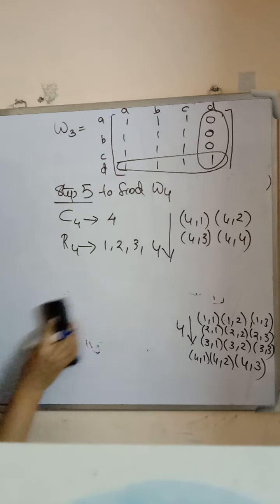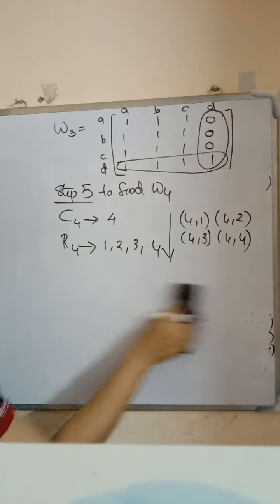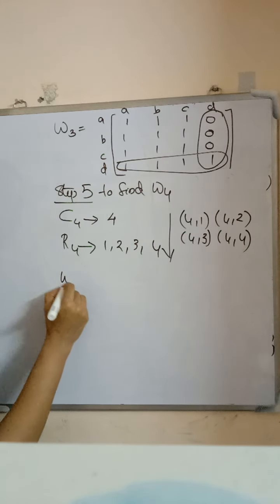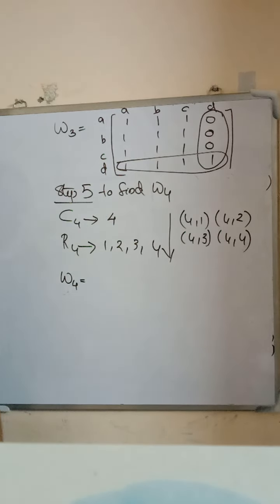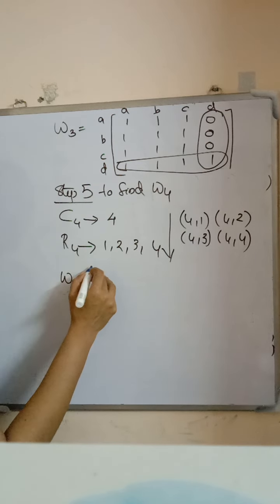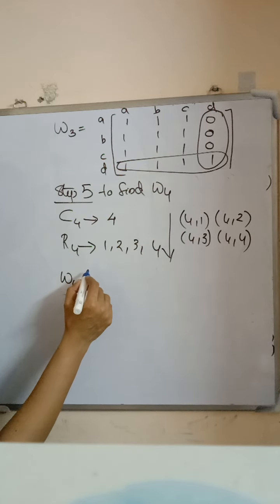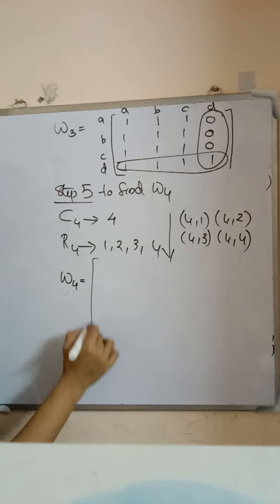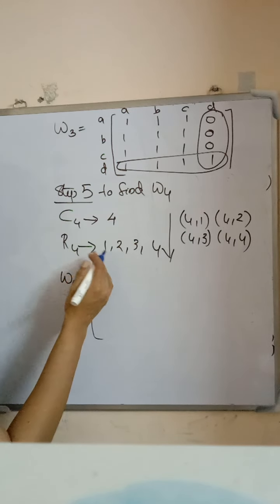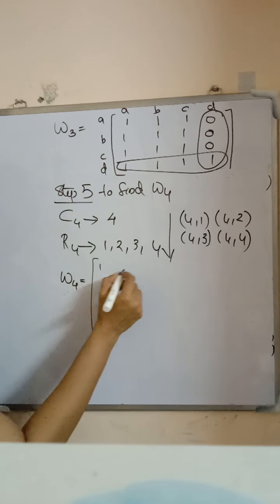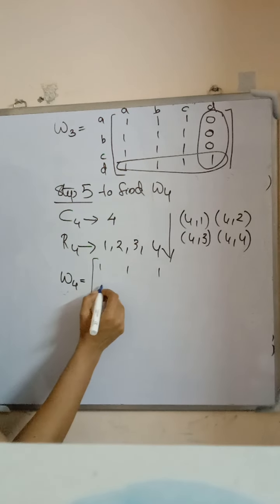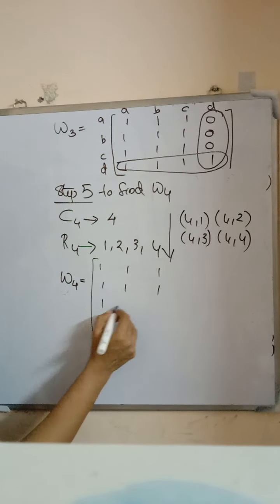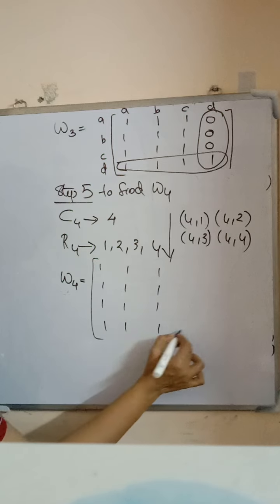Okay, so we write W4. W4 equals, we write all the ones in W3 in W4: 1 1 1, 1 1 1, 1 1 1, 1 1 1 1.